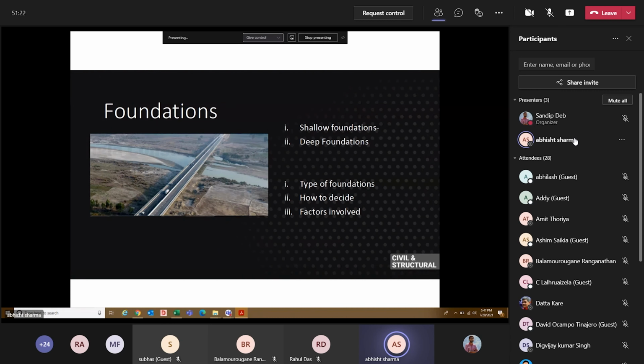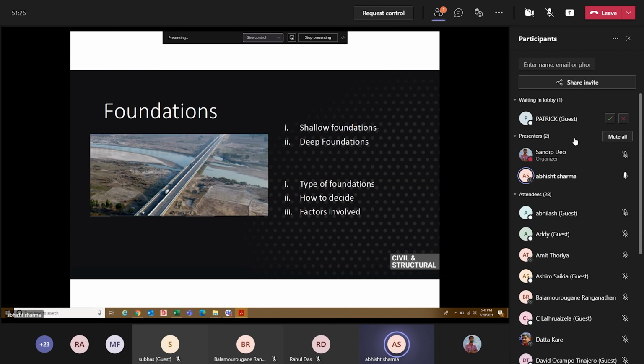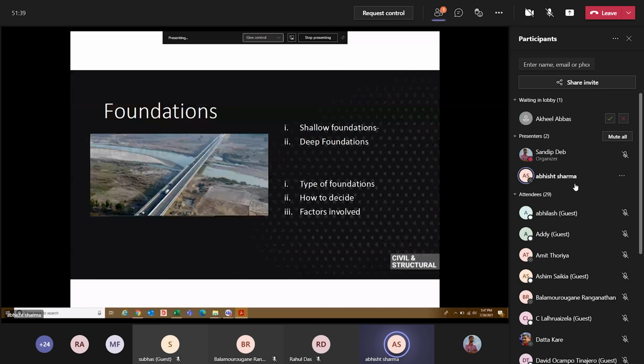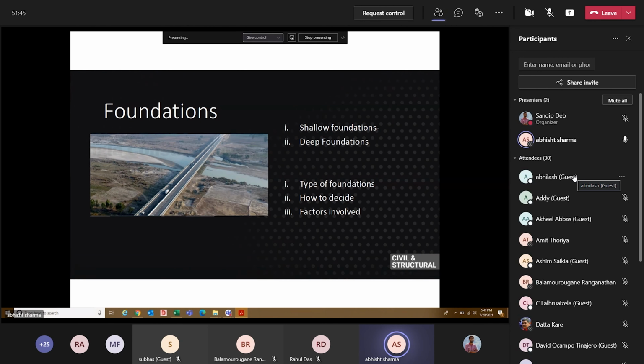In deep foundations, we generally hear the name of pile foundation, but we do have one more, which is the well foundation. Like in this picture, you can see in this bridge we have used the well foundation, which is not prominent in buildings, but is quite prominent in bridges.